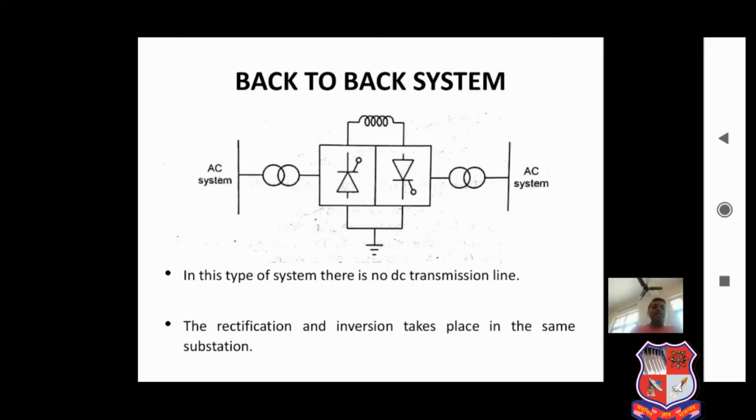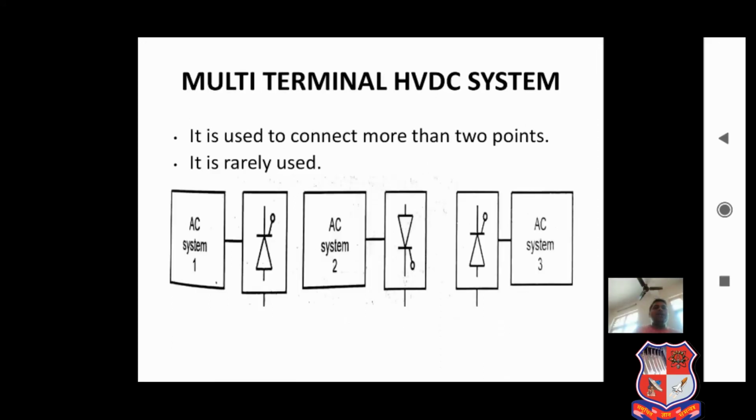This type of system contains rectifier and inverter circuits, both at the same substation. Multi-terminal HVDC systems: when we require 2 or more than 2 points, a multi-terminal HVDC system is used. But these types of systems are rarely used.